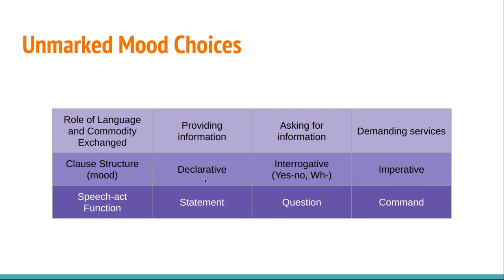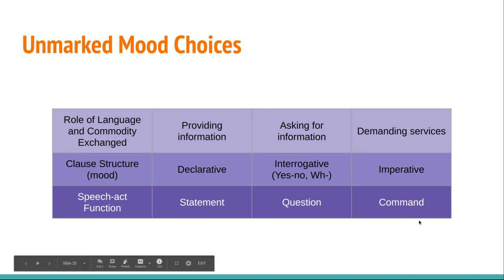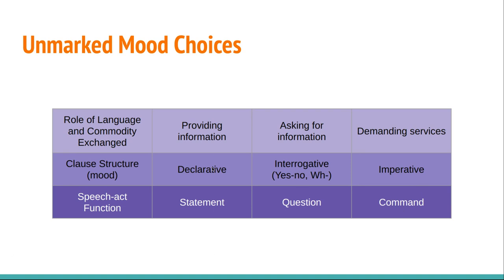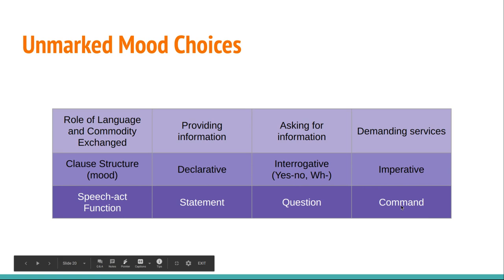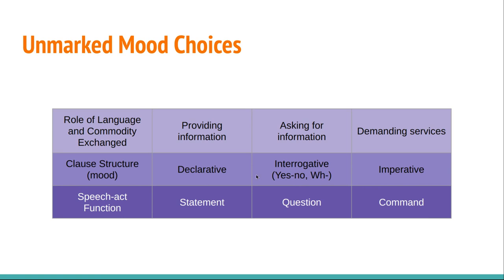We can use a declarative structure to ask a question. We can use an interrogative structure to ask for a request, which is kind of a command. Or we can even use a declarative clause to give a command, which would make it very indirect, but the function would still be that of a command. Asking for a service, demanding a service.